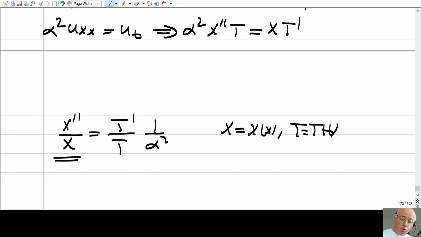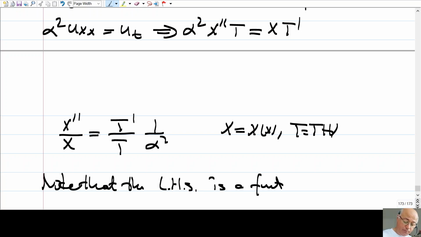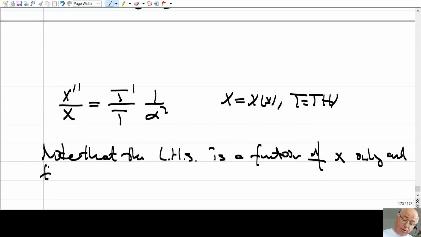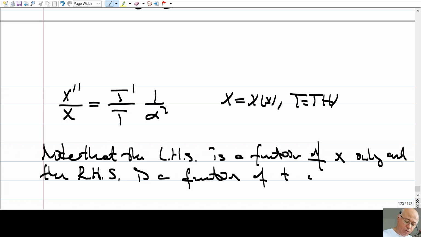Therefore the left hand side is a function of x only and the right hand side is a function of t only, right? Note that the left hand side is a function of x only and the right hand side is a function of t only.